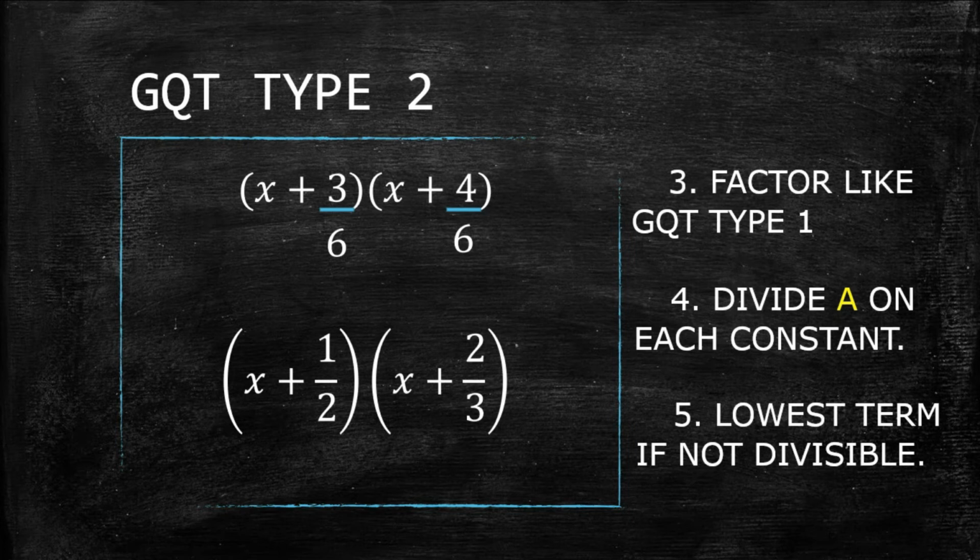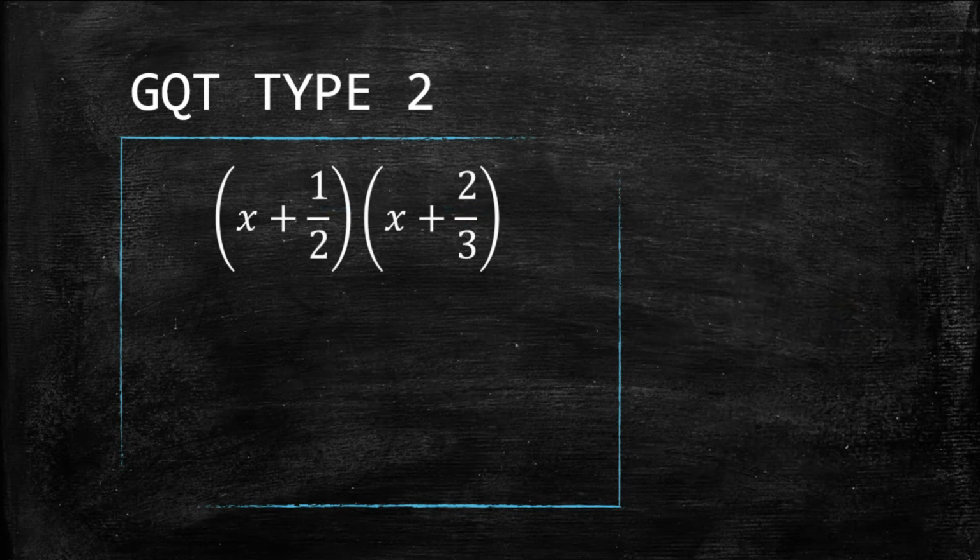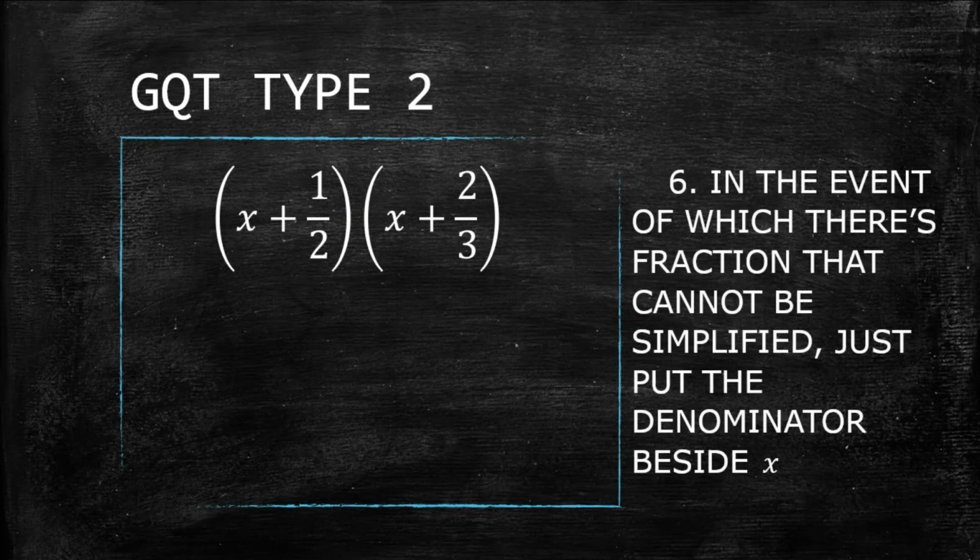While 4 over 6 has a lowest term of 2/3, the second factor will be x plus 2/3. In the event that after doing all of this, a fraction still emerges, you just need to bring up the denominator beside its corresponding x.